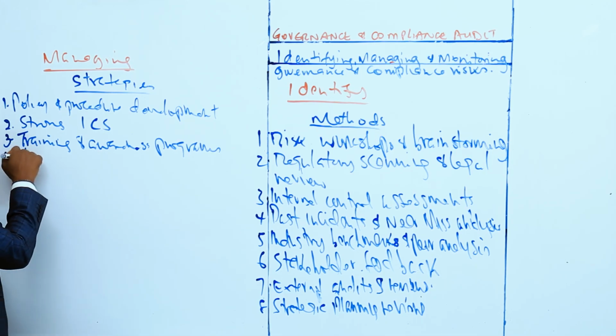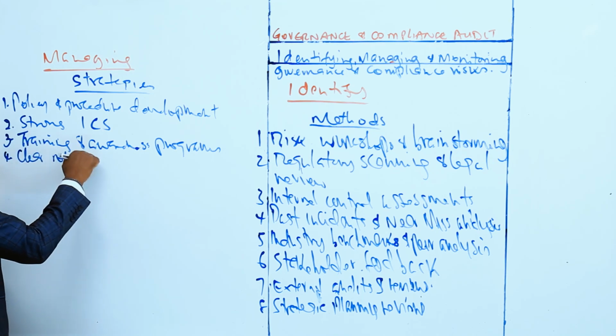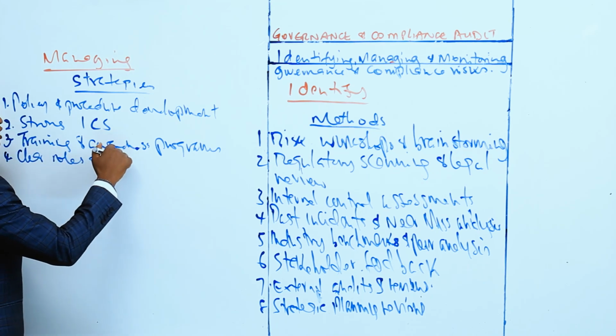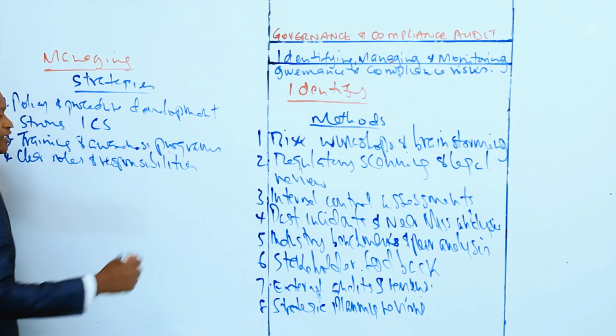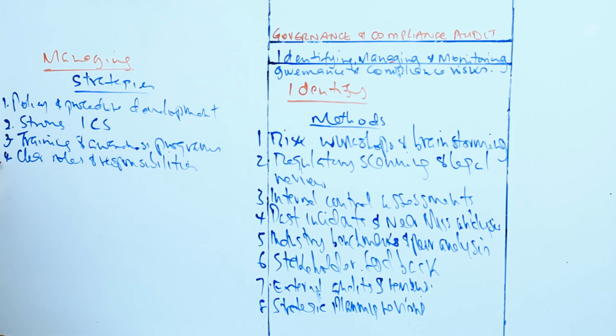4. Clear roles and responsibilities. Having clear roles and responsibilities means defining clear ownership for governance and compliance responsibilities at all levels, from the board to management and to individual employees.